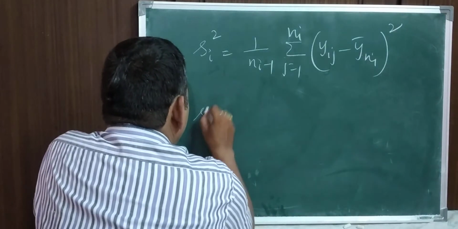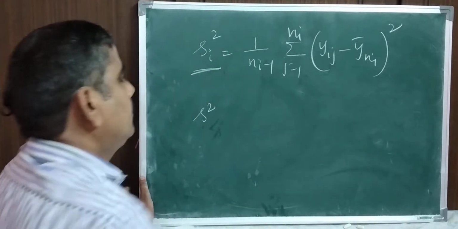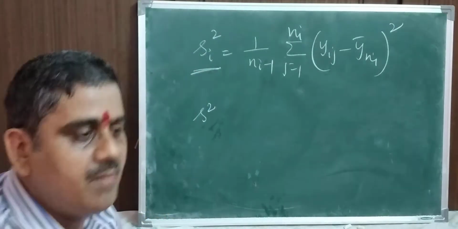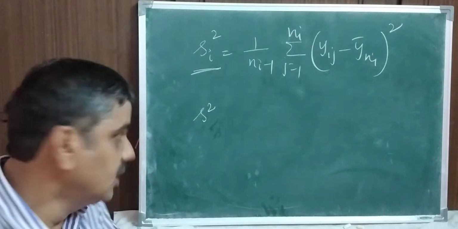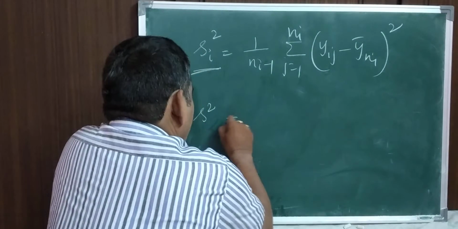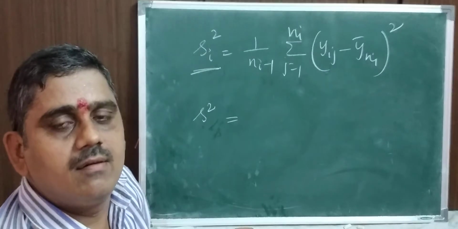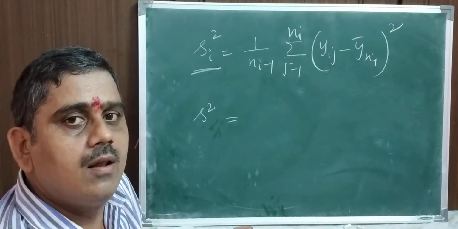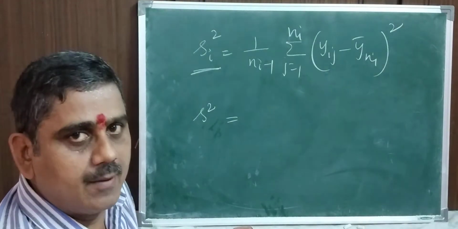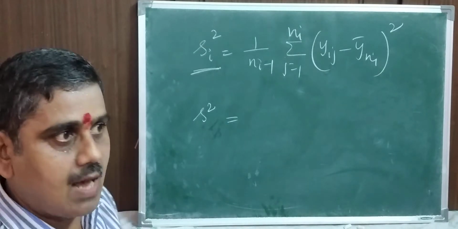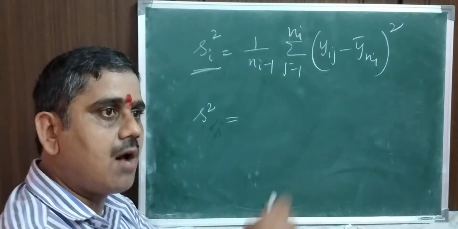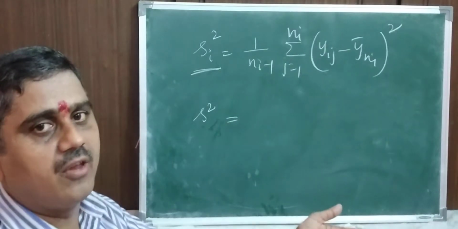And this is the sample mean square of the simple random sampling. Now this is S square, the sample mean square of stratified random sampling. The sampling was done, the samples taken, and the value calculated.